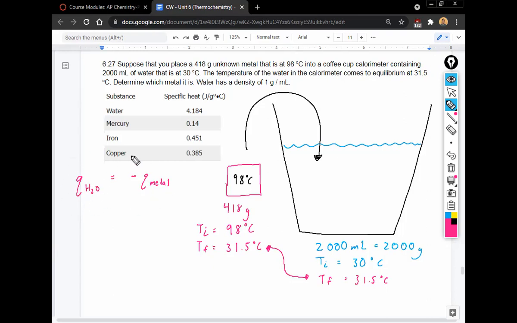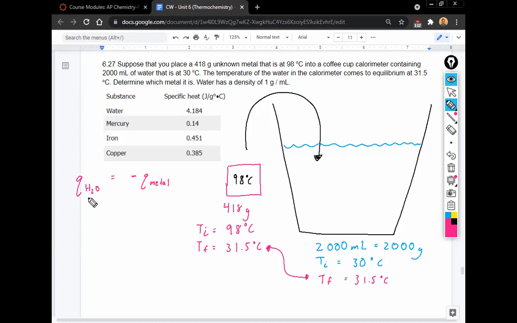So the heat of the water is equal to the opposite of the heat of the metal, because it's the same amount of energy. It's just that one is absorbing it and one is losing it.